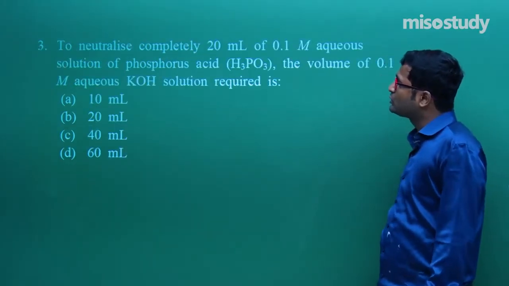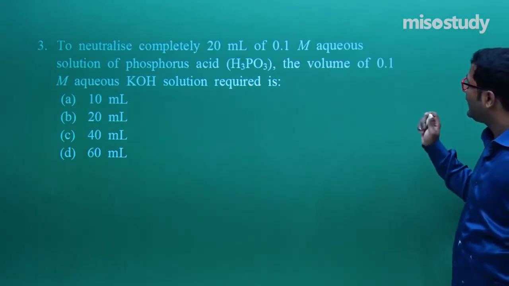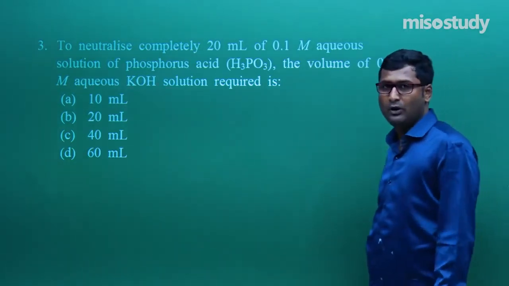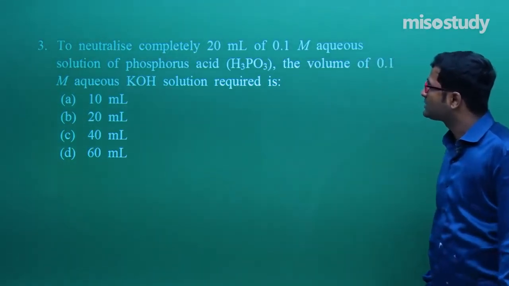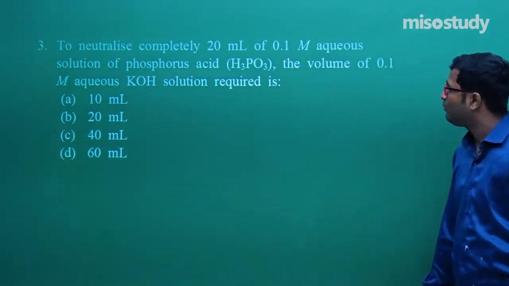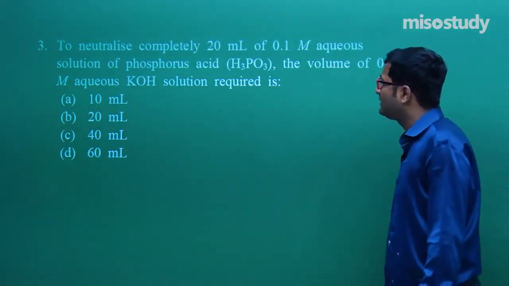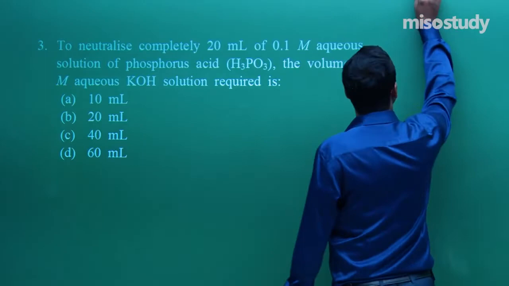Now let's move to question number 3. To neutralize completely 20 ml of 0.1 molar aqueous solution of phosphorus acid, that is H3PO3, the volume of 0.1 molar aqueous KOH solution required, that is, we have to find the volume, and complete neutralization takes place.